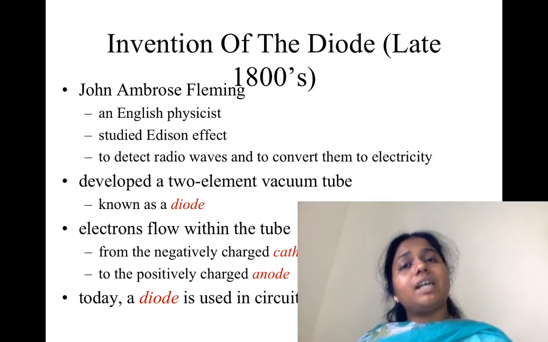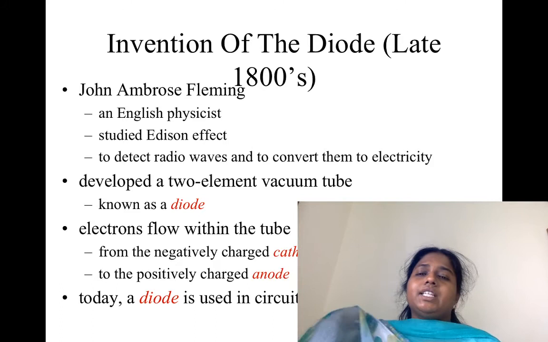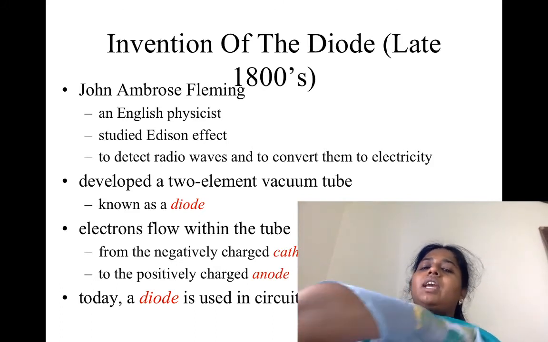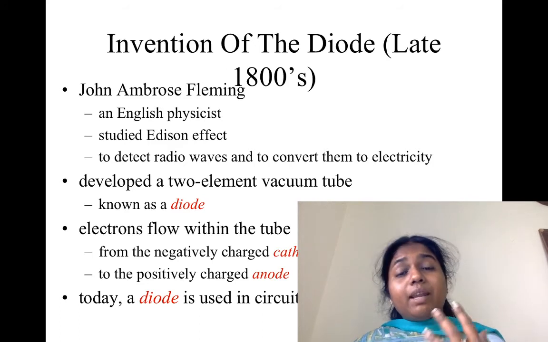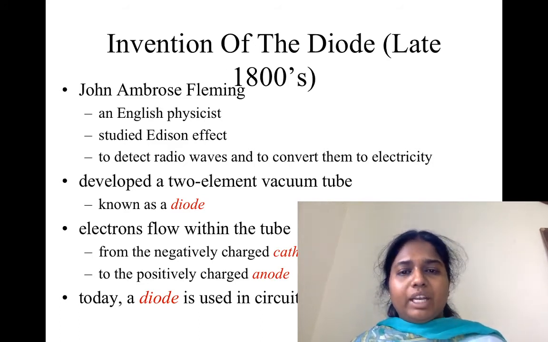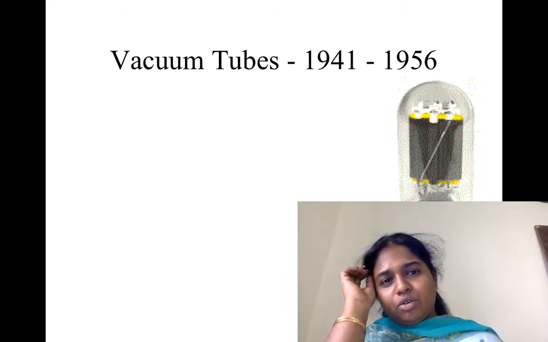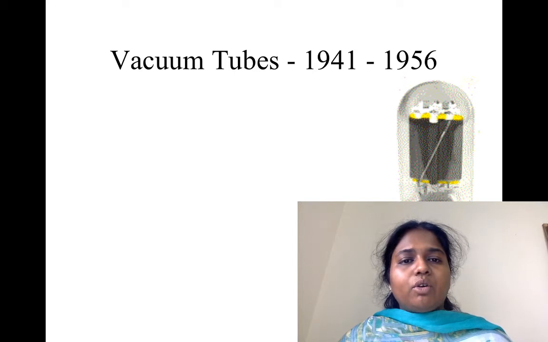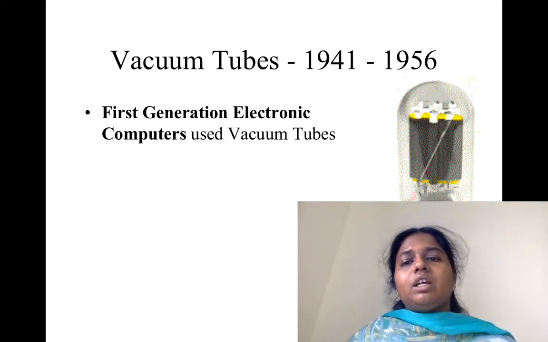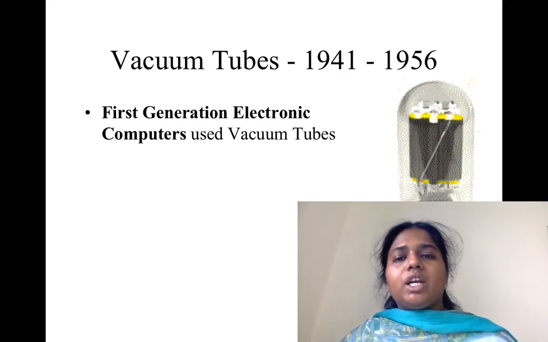Once they started identifying the power of electricity and its flow, then it came into the picture how this can be used for computing. So they formed the diode using the vacuum tubes, the same diode principle. They designed the first generation electronic computers.